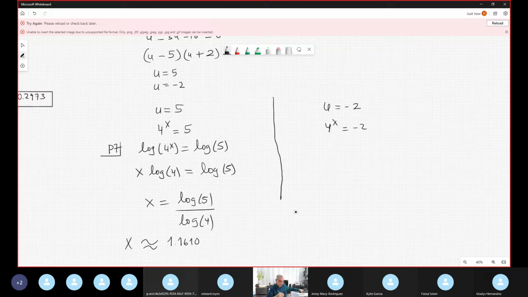Let me try. It's ln of 5 divided by ln of 4. In decimal, I want. Yeah, because actually the answer on the calculator is 1.16096.